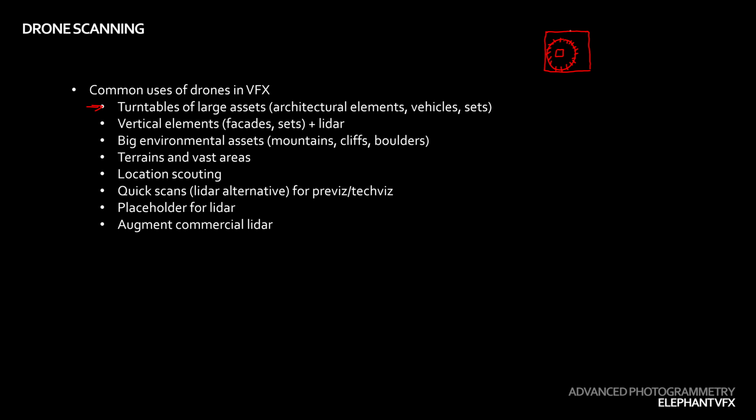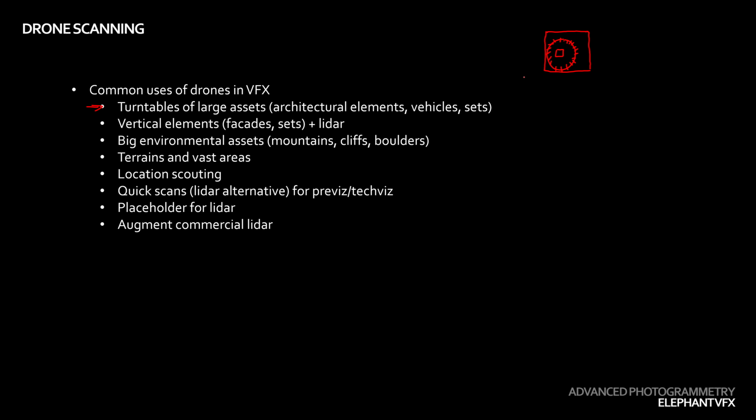Of course, every time we want to scan from the ground, we would use cameras and cross polarization in the way that I've shown you in previous videos. But if you have something that is quite big that you cannot scan from the ground, you would have to use something like a LiDAR scan, or a drone in this case.